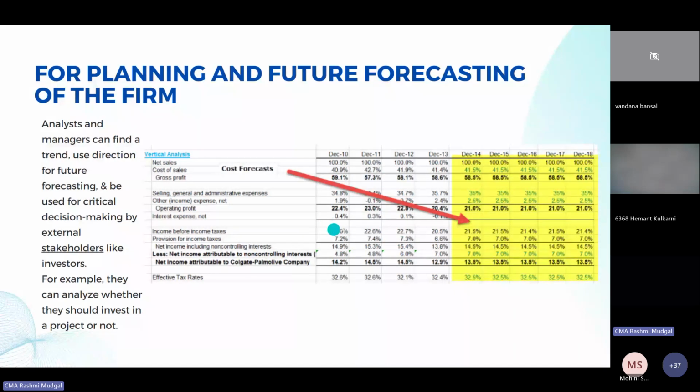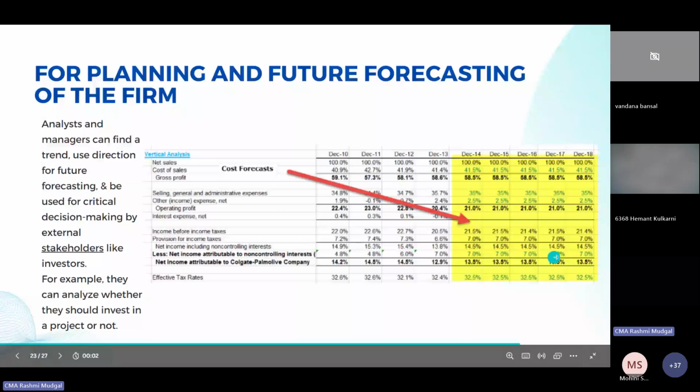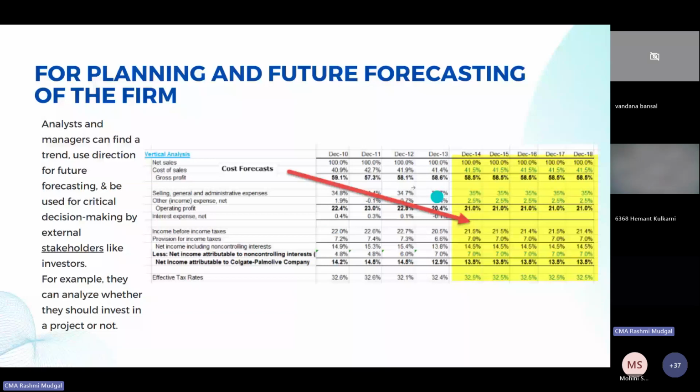Okay, so net income is decreasing from 14.9 to 14.5. So we can see here the gross profit is increasing, but net income is decreasing due to my administration cost as well as tax expenses. So net income attributed, we can see, is also decreased.